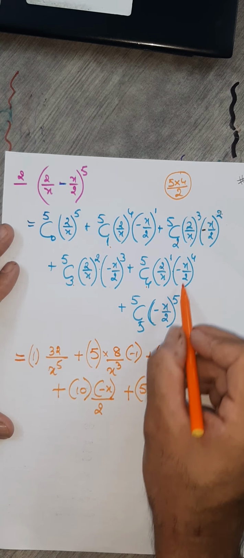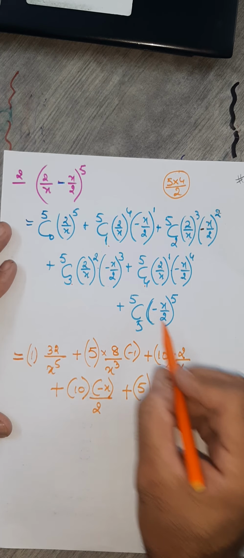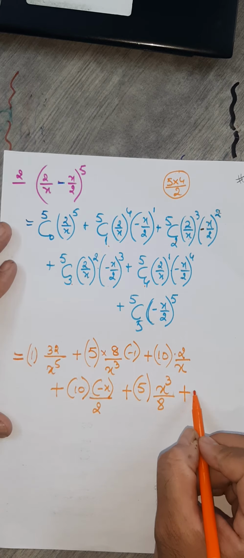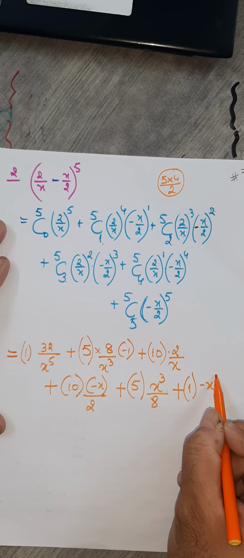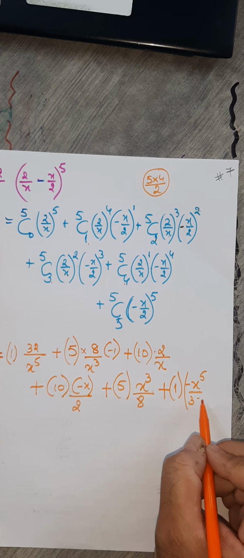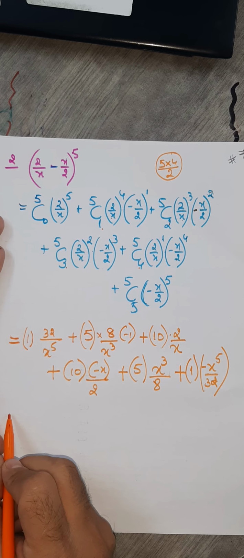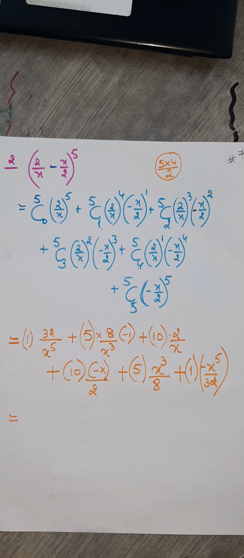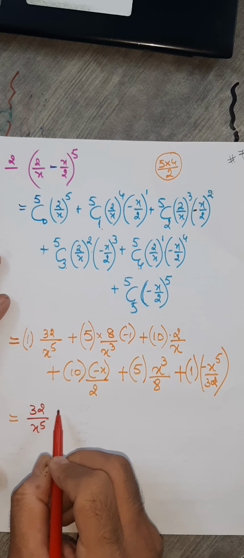And upon this is 2 raised to 4 and here 2, so 2 cube, which is 8. 5c5 is just 1, you know, and you have the minus sign, minus x raised to 5 by 2 raised to 5, which is 32. This is just simplification. So finally the last step for us will be, you will get 32 by x raised to 5.